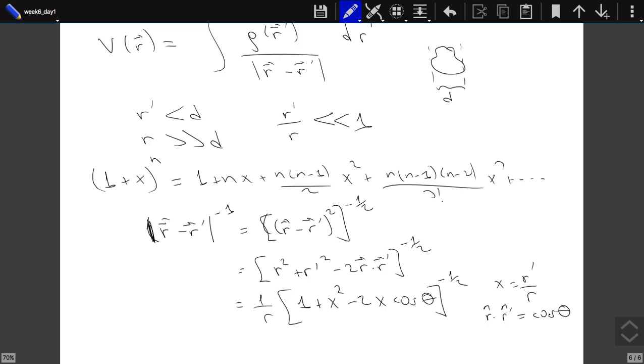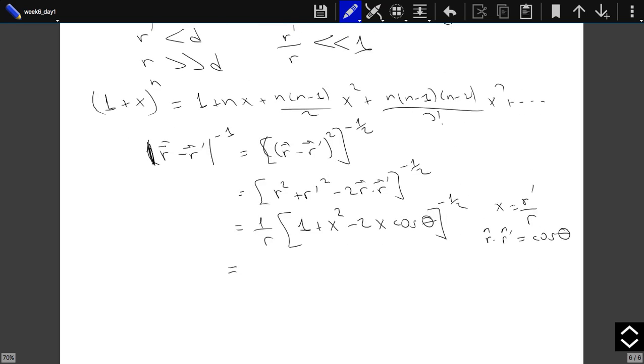Now this function over here, you can make a Taylor expansion of it in terms of x. And that expansion will be equal to the sum over L of x to the power L times P_L of cosine theta. Well, this is basically another definition of the Legendre polynomials.